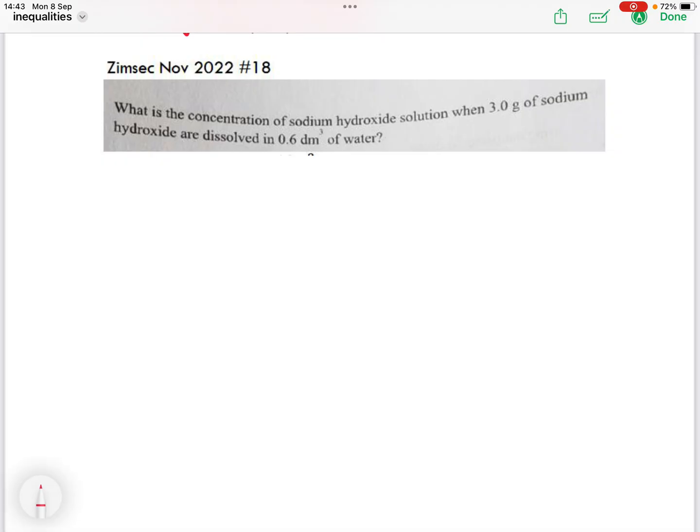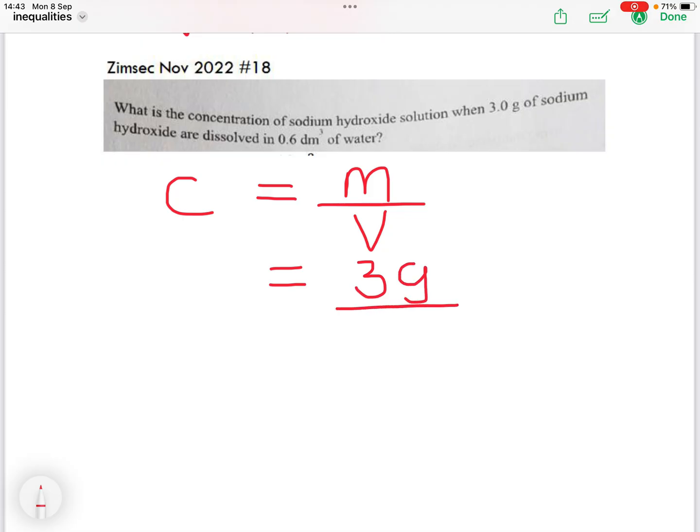So in the previous question, we said if we are calculating the concentration, whilst we are given mass and volume, the formula for concentration, we say concentration is mass over volume, right? So the given mass here is 3 grams, and then the volume is 0.6 cubic decimeter.